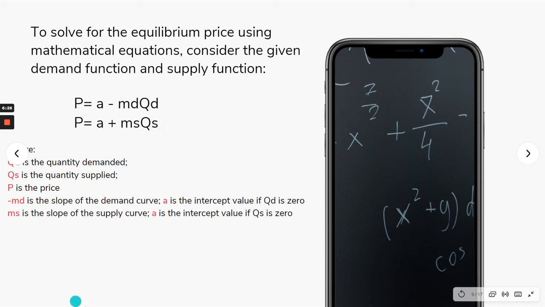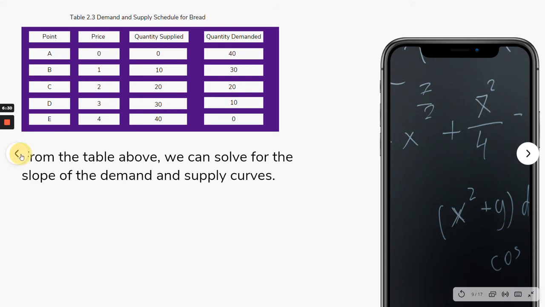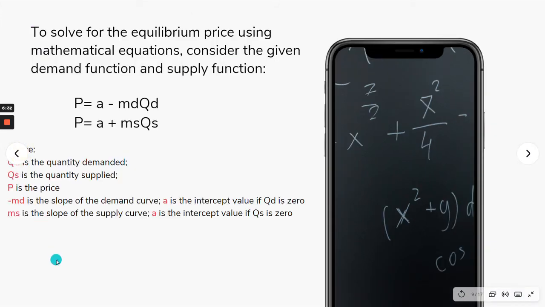Where QD is the quantity demanded, QS is the quantity supplied, P is the price, MD is the slope of the demand curve, A is the intercept value if QD is 0, MS is the slope of the supply curve, and A is the intercept value if QS is 0.